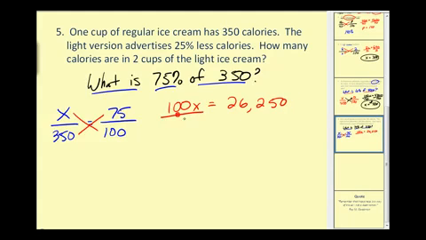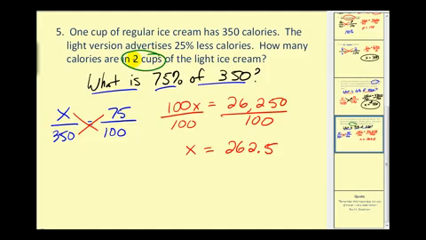Divide by 100. X equals 262.5. Now these are calories, but we have to be careful here because that's the number of calories in 1 cup of light ice cream, but the question is asking how many calories in 2 cups. So we do need to multiply this by 2 to get the total calories in 2 cups. And this will give us 525 calories.